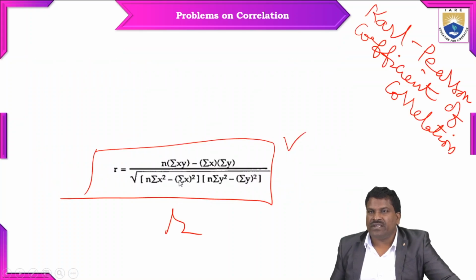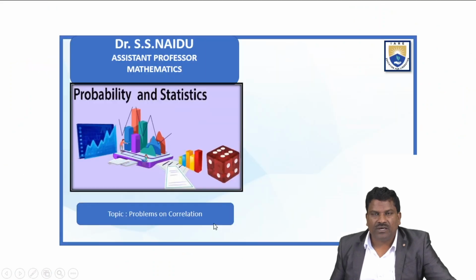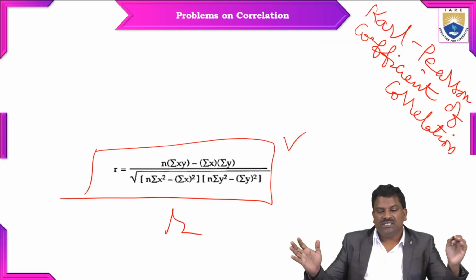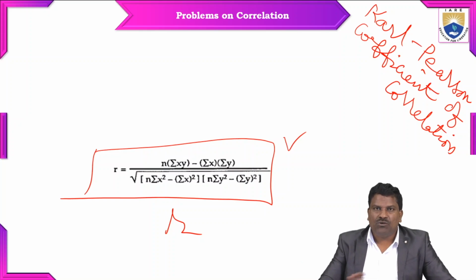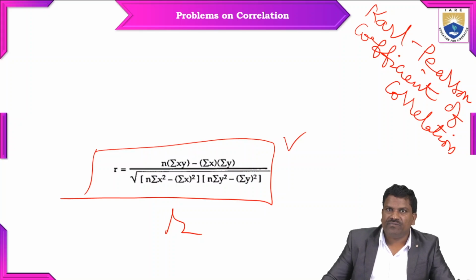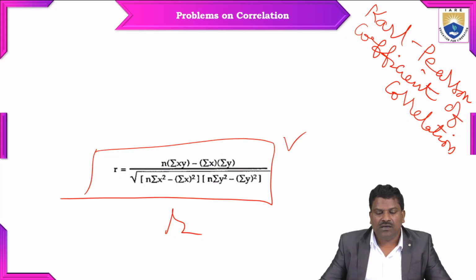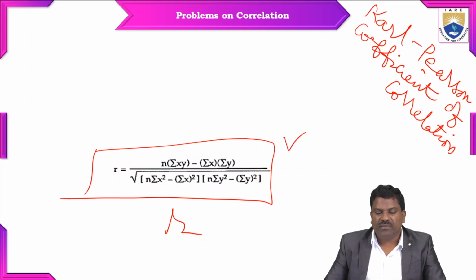As a part of recapitulation, we can find the correlation using the formula R is equal to n into sigma xy minus sigma x into sigma y, whole divided by square root of n into sigma x square minus sigma x whole square, into n into sigma y square minus sigma y whole square.